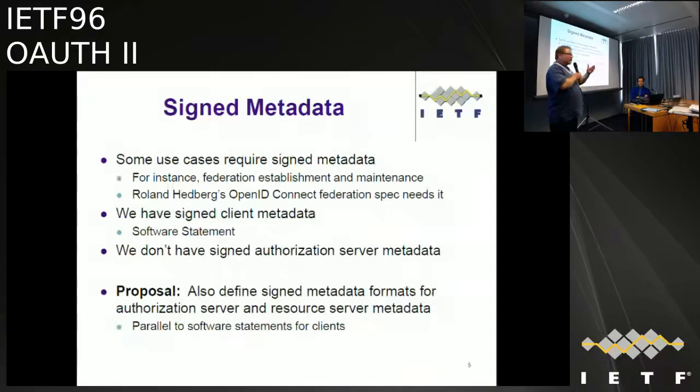And I think having parallel values in both the authorization server metadata and the resource server metadata documents makes good sense. That way you can know when looking at the document that, oh, there's additional metadata which is signed here.